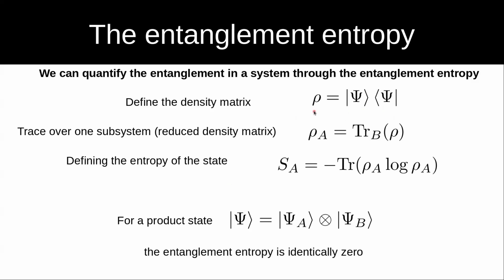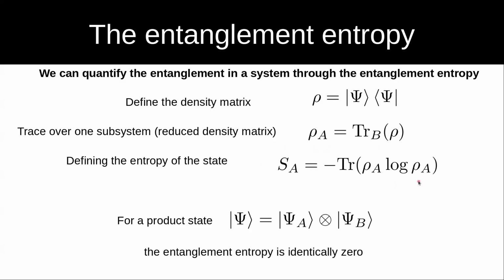Now, what you can do is you could trace over one of these subsystems. So you could compute the density matrix in subsystem A that is effectively taking the full density matrix and tracing over the degrees of freedom of subsystem B. And once you have this density matrix, you can define the entropy of the density matrix just with the typical definition of the entropy. So the trace of the density matrix times the logarithm of the density matrix.